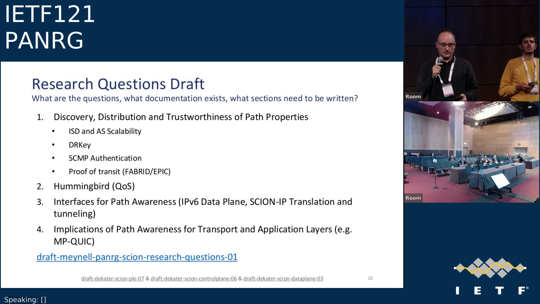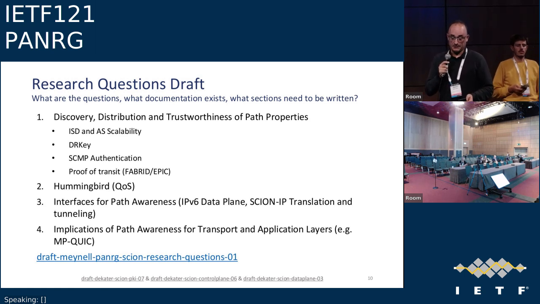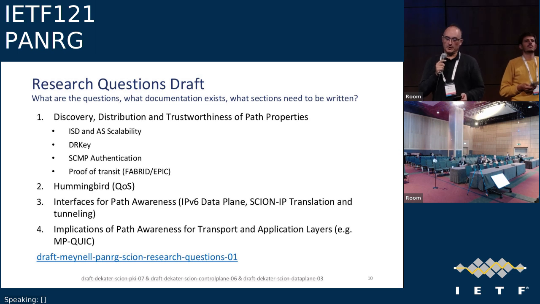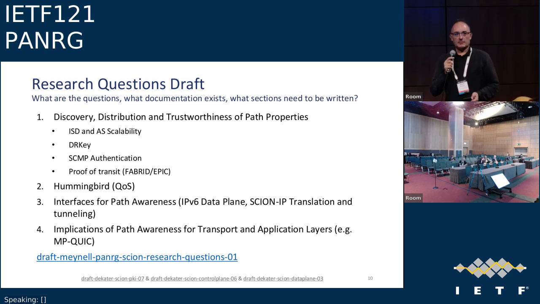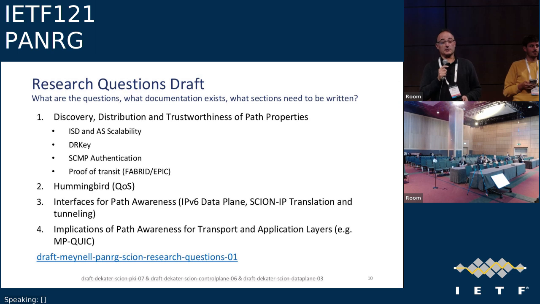I think Nick already mentioned ISDs belonging to more than one, ASs belonging to more than one ISD. And then there are also questions of how we expect ISDs to be used as we go forward. A couple of other issues: how beacon selection policies work, and also how beacon propagation can be optimized.